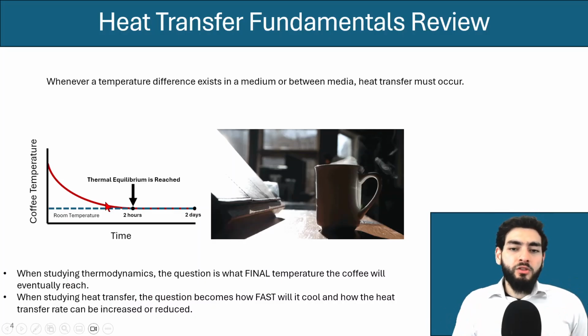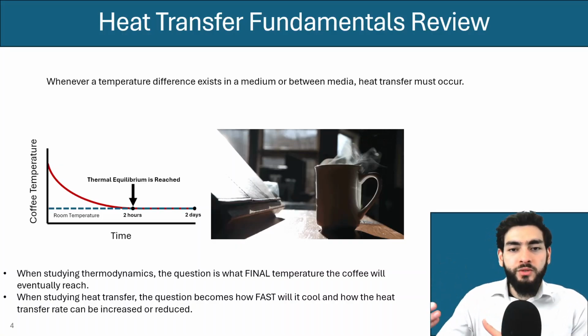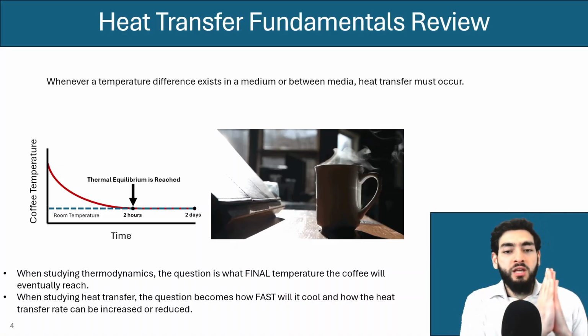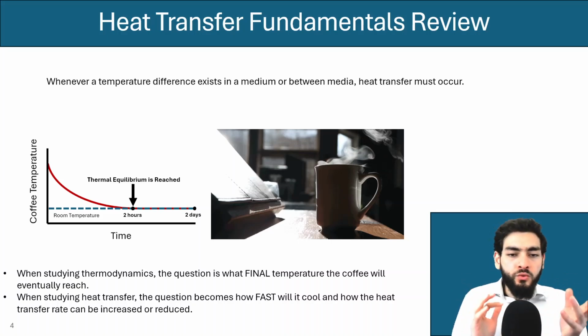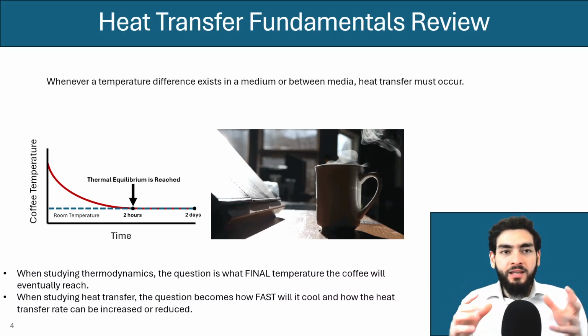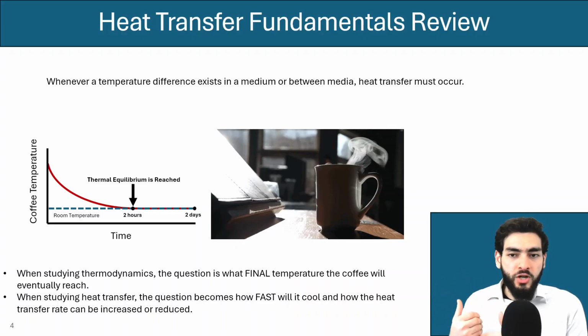So when studying thermodynamics, the question becomes, what is the final temperature that the coffee will eventually reach? However, when you study heat transfer, the question is different. The question becomes, how fast will it cool? Or what can we do? How can we manipulate this situation so that we could increase the heat transfer or that we could reduce the heat transfer?